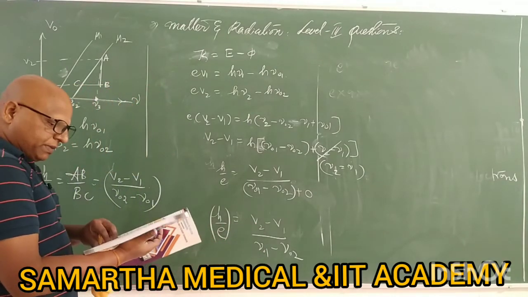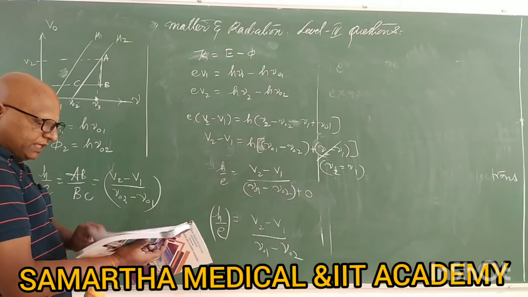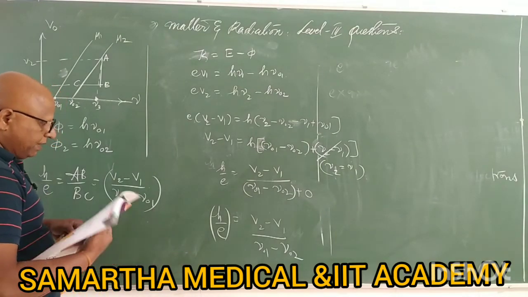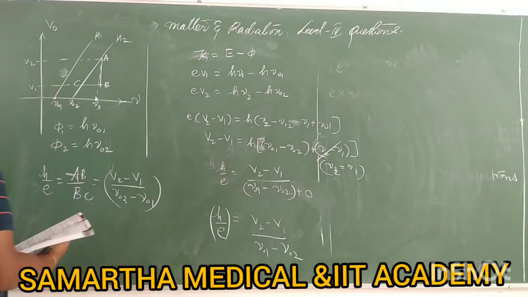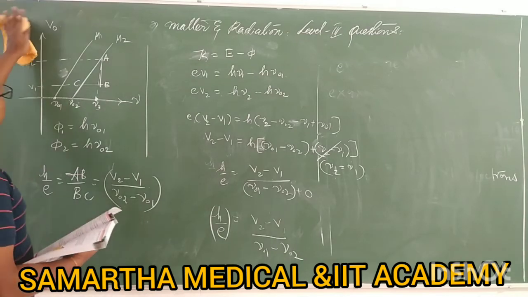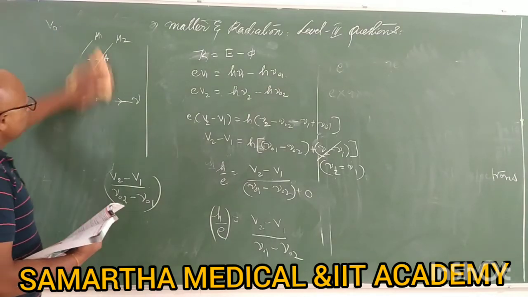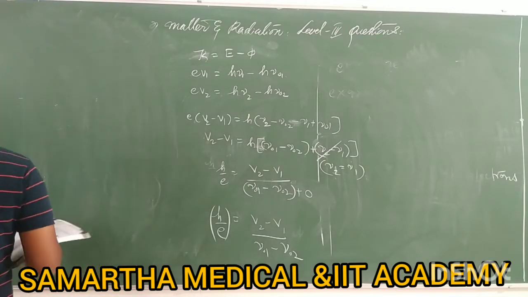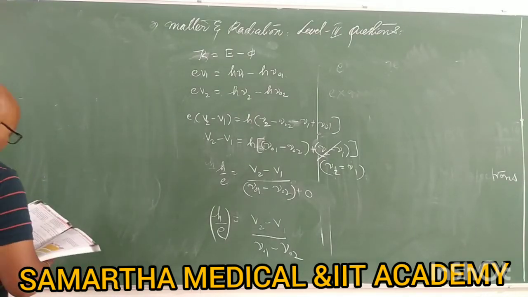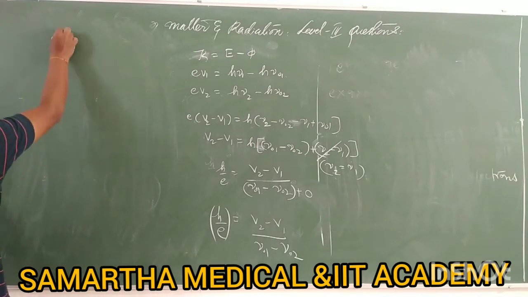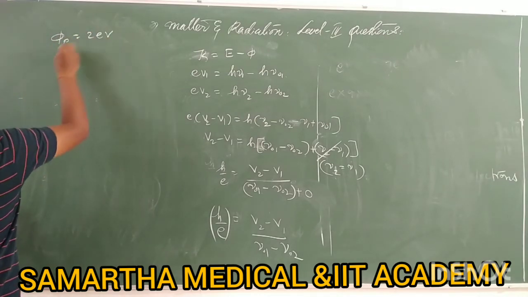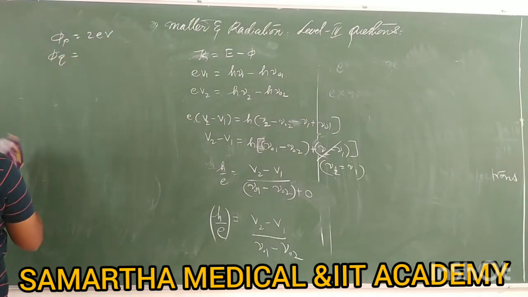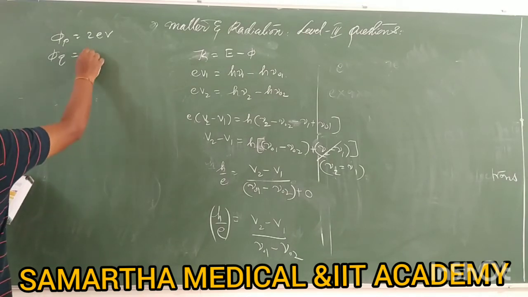Photoelectric effect experiments are performed using three different metal plates P, Q and R, having work functions phi P equal to 2 eV, phi Q equal to 2.5 eV.